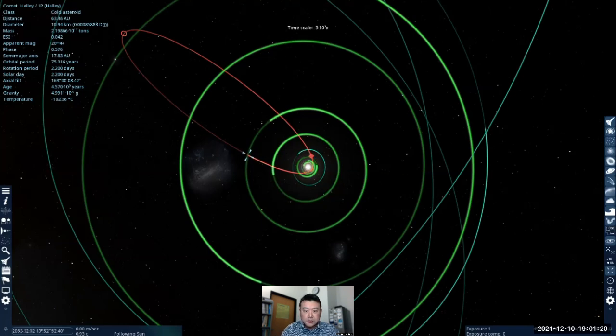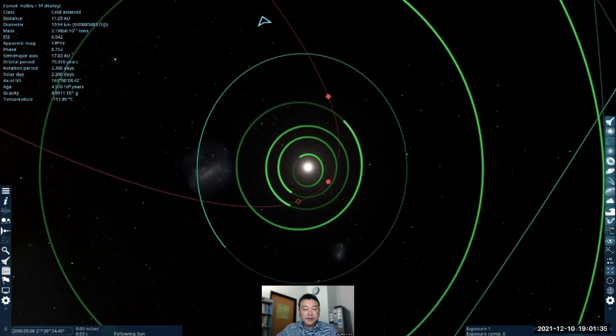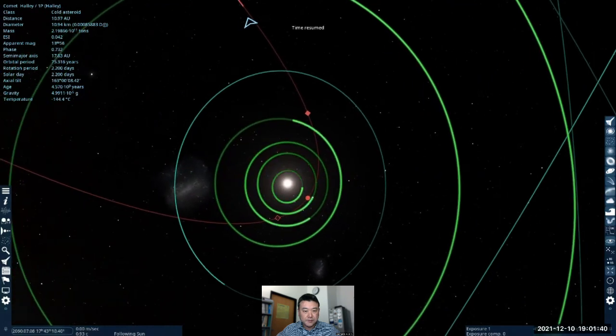Okay, good. I can't reverse it while it's paused. Okay, and I'm going to zoom in a little bit so that we can look at the perihelion of Halley's Comet with a little bit more detail. Okay, and I'm going to slow it down so that it doesn't go by so quickly.